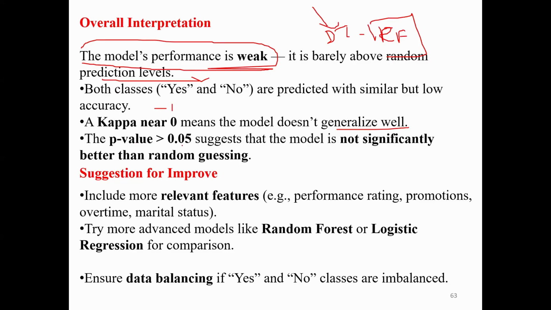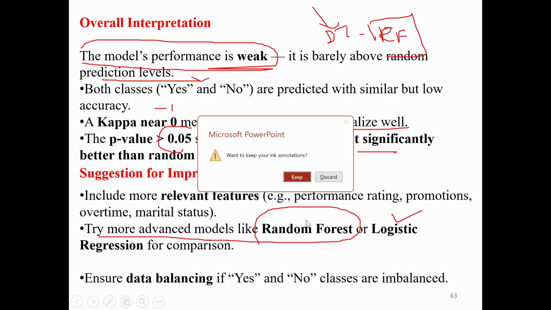The p-value at the level of significance suggests the model is not significantly better than random. So the suggestion is to try a more advanced model like random forest or logistic regression. Since the model suggests random forest and logistic regression, let us go to random forest.